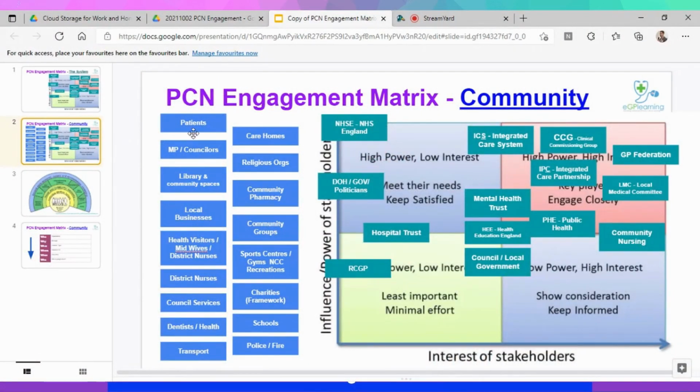So let's get started with our first community partner, shall we, Andy? Yeah, so the first one that we've identified was patients. We're going to be doing a separate episode on patient engagement, but they are a massively important part of the community, so we didn't want to ignore them here. Where should we place them, Gandhi?